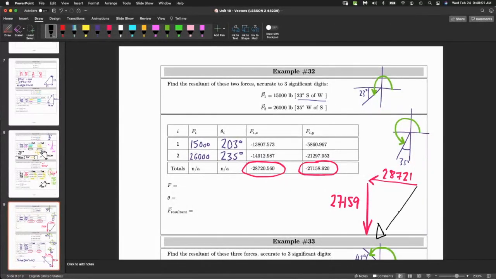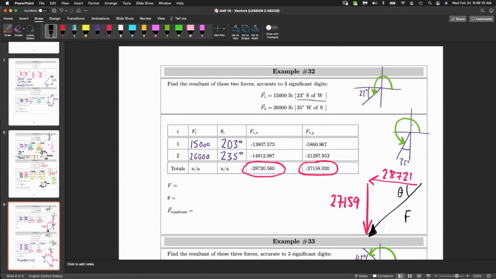Now over here, let's get that total. So that'll be F. Let's try that arrow again. So that's F, and that's theta.